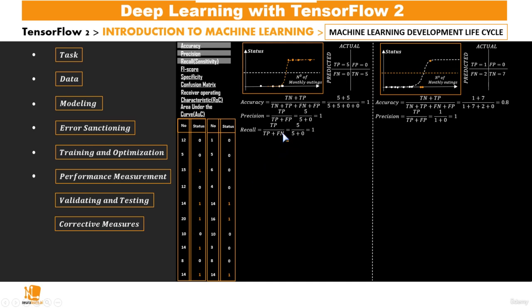So in this case, since our false negatives are actually 0, we have a recall of 1, or a sensitivity of 1. In this other example, we have a recall of 0.33. Now, notice that the number of false negatives is actually 2, whereas the number of true positives is 1. So we have this value.